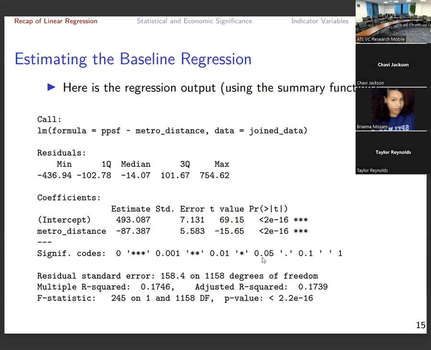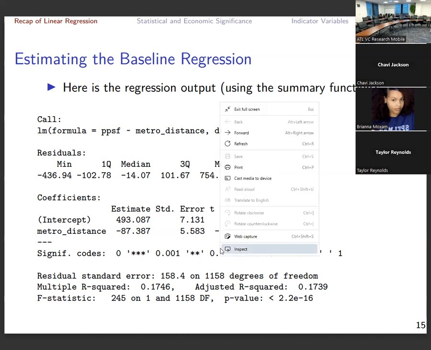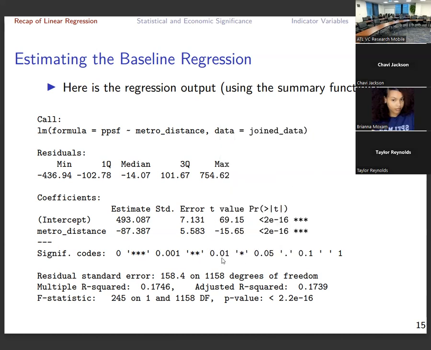If it's 1 asterisk, it would be 95 or 5%. If it's 2 asterisks, it's 99, so 1%. But if it's 3 asterisks like it is here, it's gonna be 99.9 or 0.1%. So this is significant with a significance level of 0.1%.